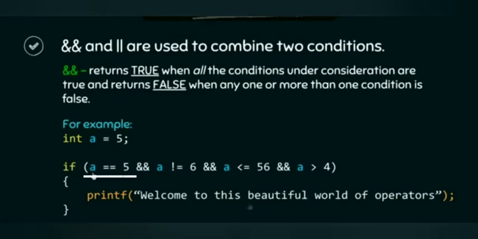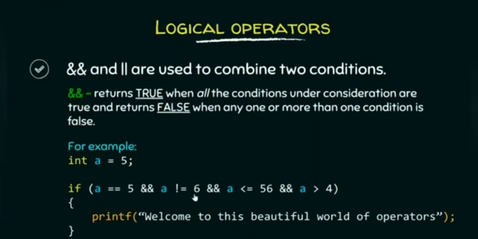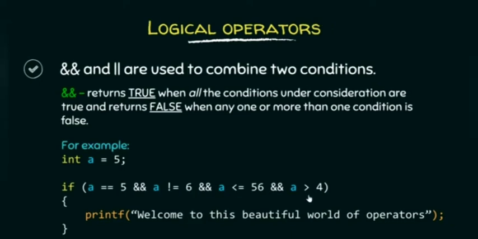As we know a is equal to 5, because 5 is equal to 5, this condition is true. 5 is not equal to 6, as a is equal to 5, we are simply placing the value here, therefore this condition is also true. 5 is less than or equal to 56, that is also true. 5 is greater than 4, yes, this condition is also true.